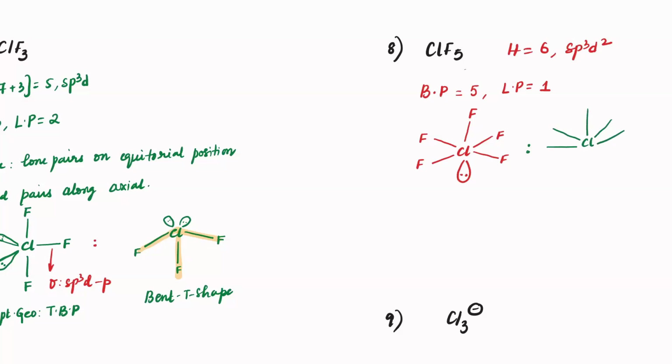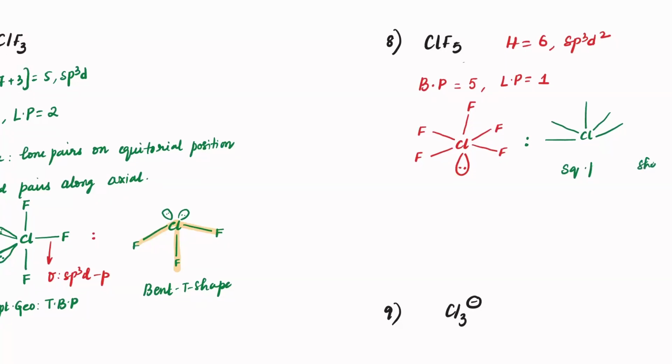It will lose out the planarity a little bit, but still you call it as a square planar shape. Sorry, square pyramidal shape. Expected geometry is octahedral.